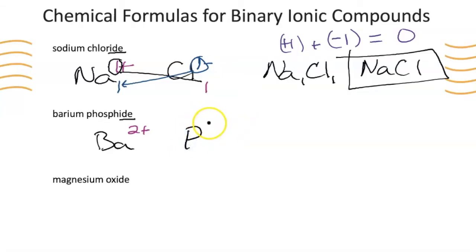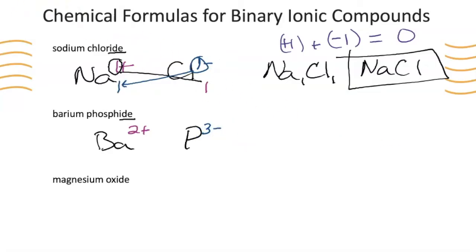So this is going to be phosphide, and this has a 3 negative. It is in group 15, has 5 valence electrons, and therefore it wants to gain 3 in order to make that full octet, which will give it 3 more negatives than positives.